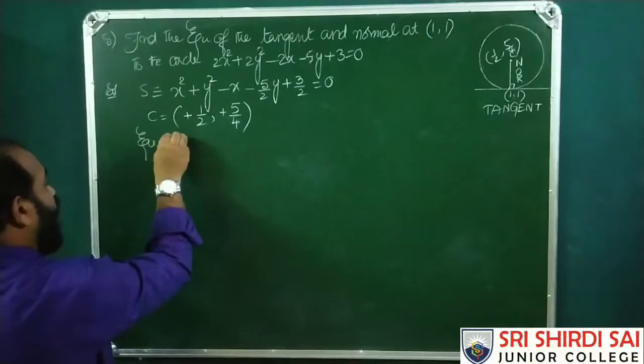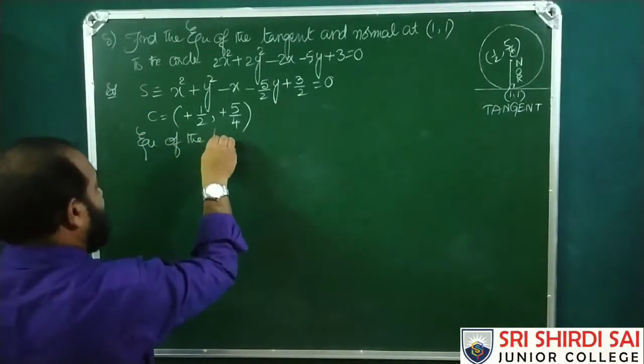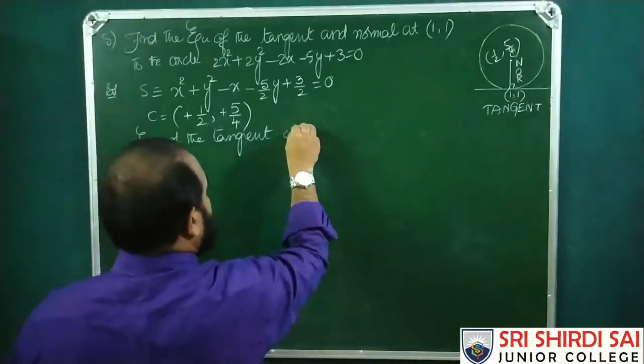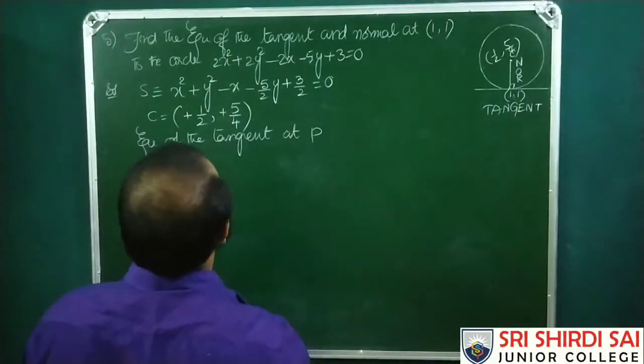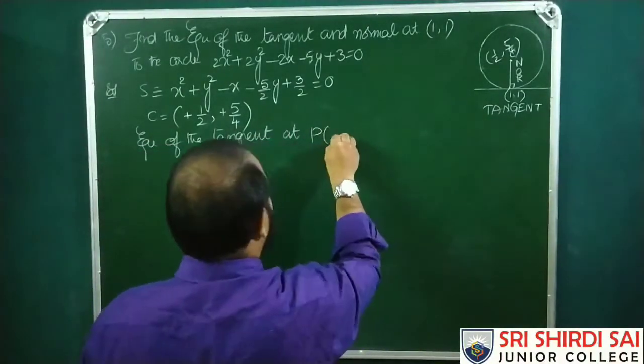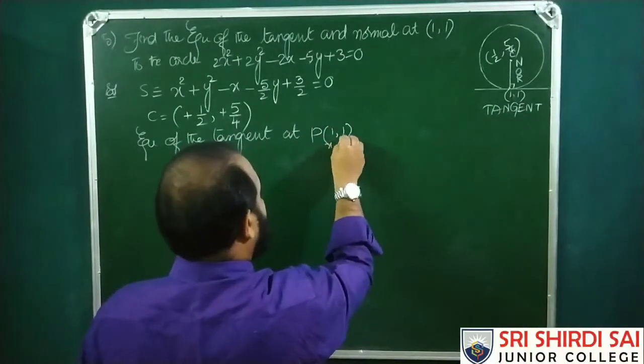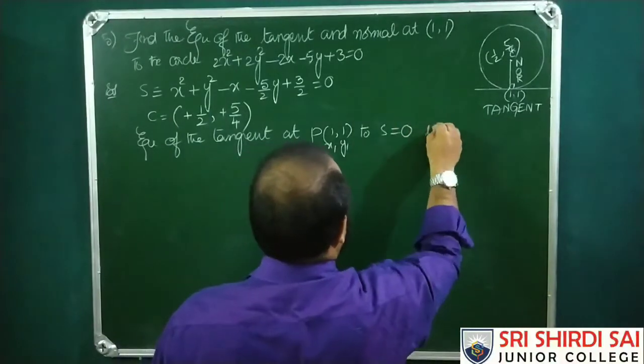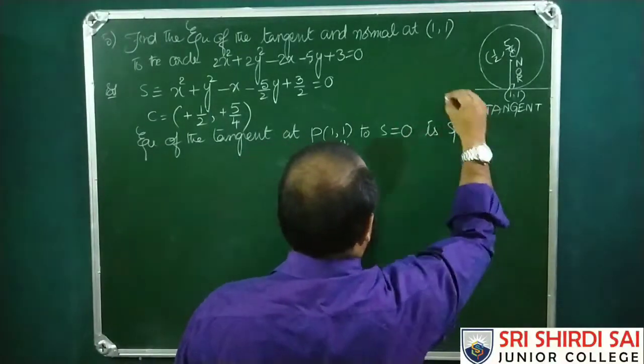So the equation of the tangent at P(1, 1), which is (x1, y1), to the circle S equals 0 is S1 equals 0.